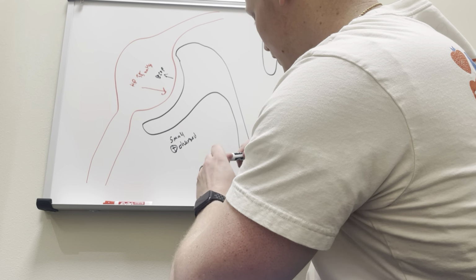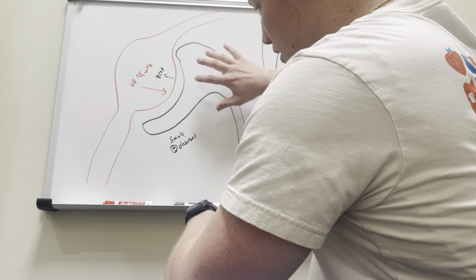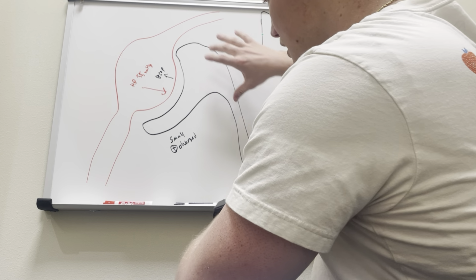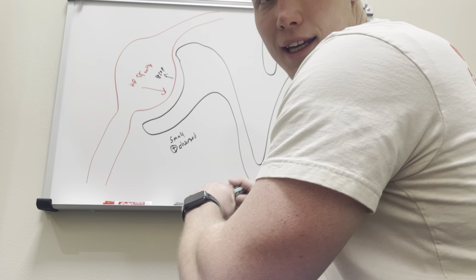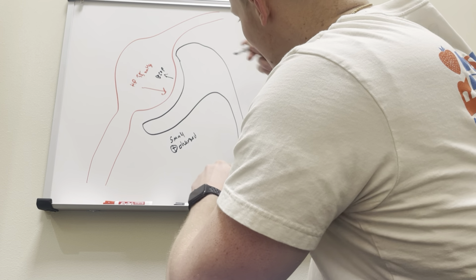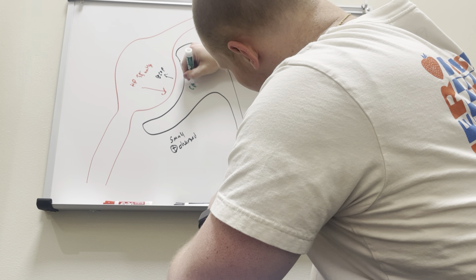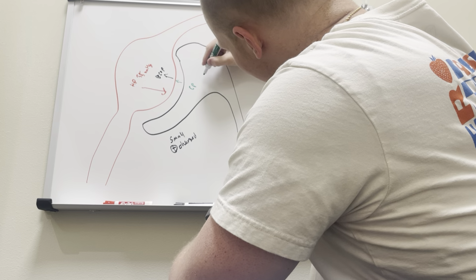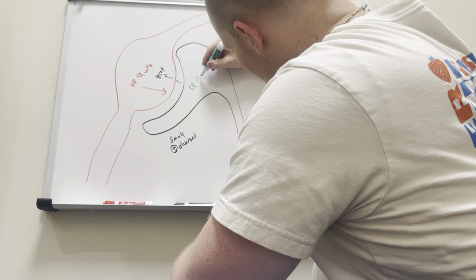We also have a pressure from the Bowman's capsule, just called the capsule pressure, so I'll put CP here, and it's about 15 millimeters of mercury.